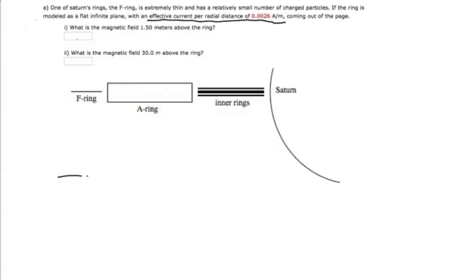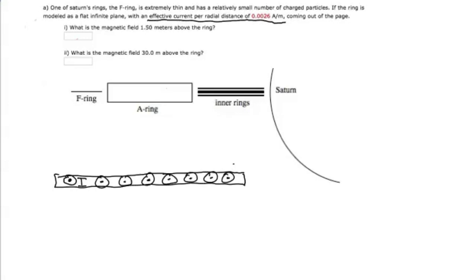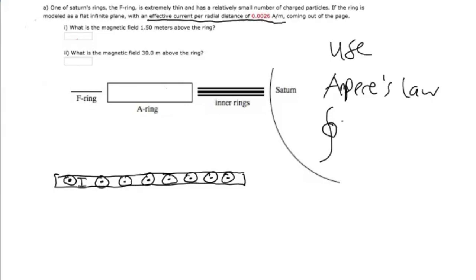If we just draw the F ring, this represents I, these currents coming out, all these different streams of positively charged particles coming out of this plane toward us. Now, as it turns out, Ampere's law can be used for current that is in this type of symmetry as well. And this is about a closed loop.